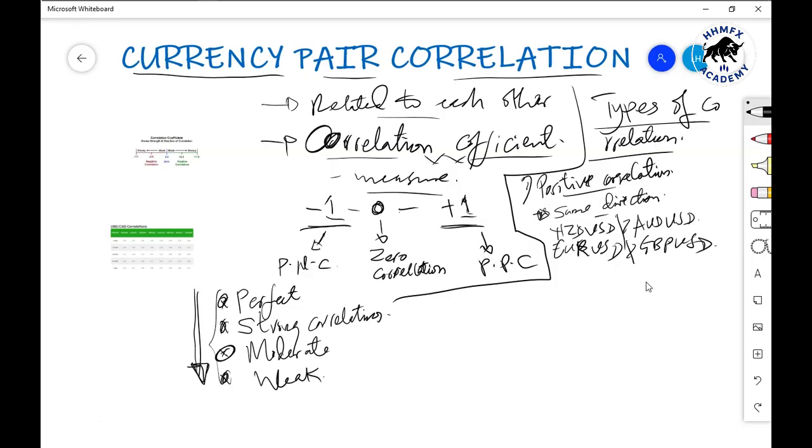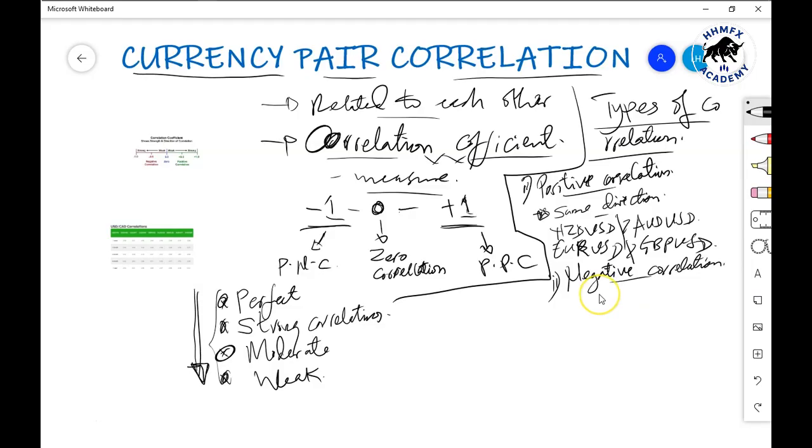Now we have a second type of correlation, which is negative correlation. Later on we are going to see how you can use correlation in your analysis.